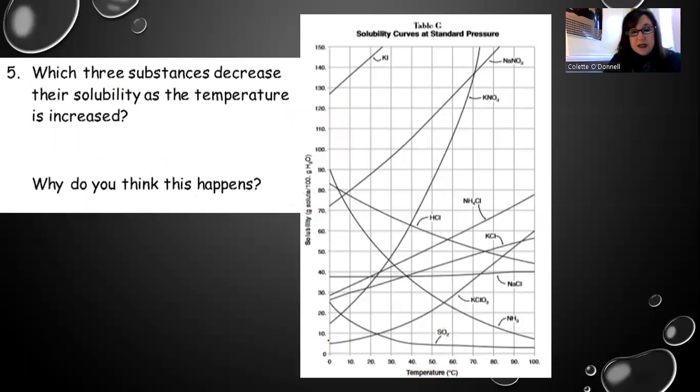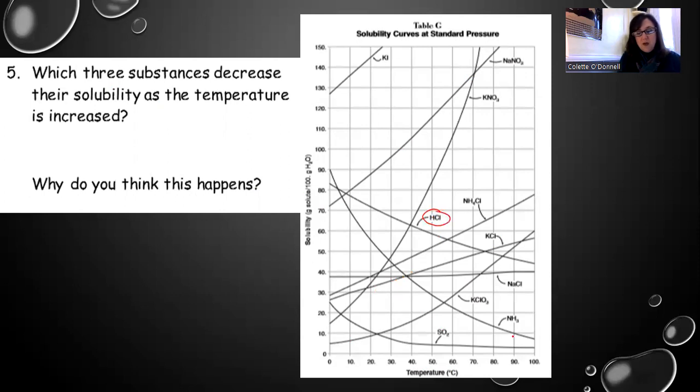One other thing to notice here is that most of the substances on this graph start low and end high. As temperature is increasing, notice the solubility for most of these substances is increasing. But do you see 3 lines here that go down instead of going up? So check those out.